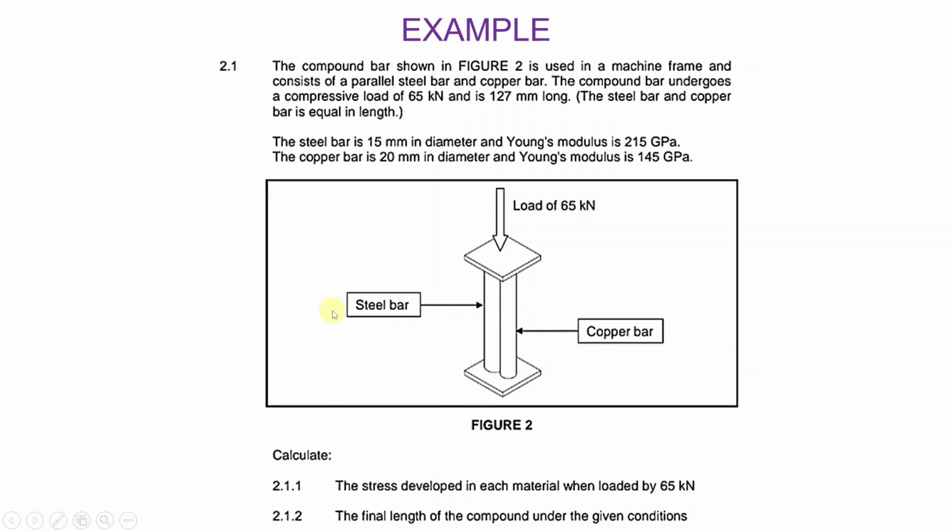They both have the same length, 127 millimeters, and the load applied on them is 65 kilonewtons. The steel bar has a diameter of 15 millimeters and a Young's modulus of 215 gigapascals. The copper has a diameter of 20 millimeters and a Young's modulus of 145 gigapascals.